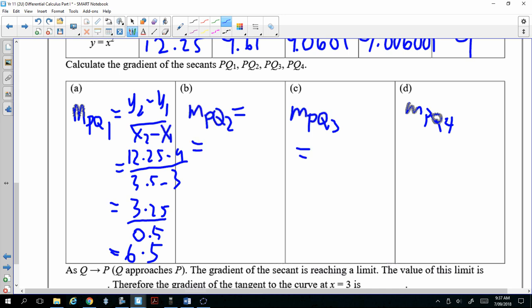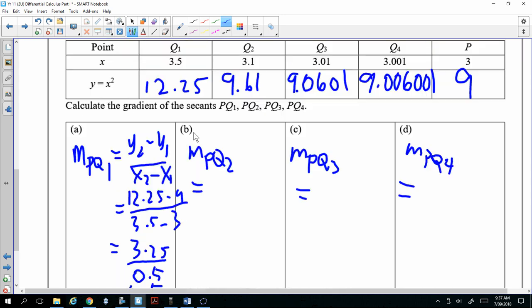Q2, so what you do is, let's find Q2. What's Q2? 9.61 minus 9 over, okay, 3.1. Please write the exact step. Okay, subtract the top, you get 0.61 over 0.1, which is 6.1.